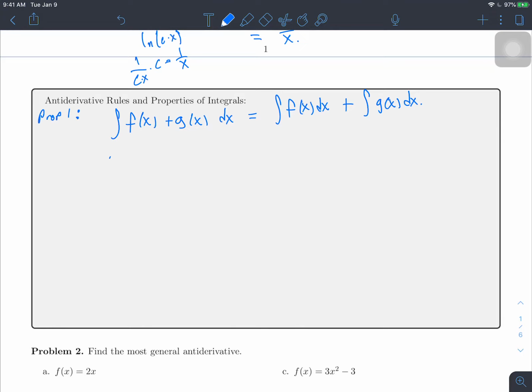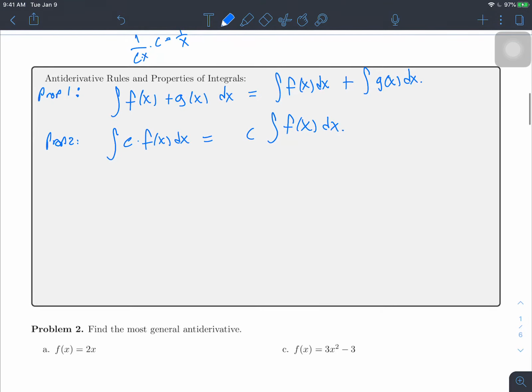Okay, next property, well, it's really the same property, but the integral of c times f of x dx, some constant multiplier. We can pull the multiplier out. It's really just a restatement of the first property in a more special circumstance.